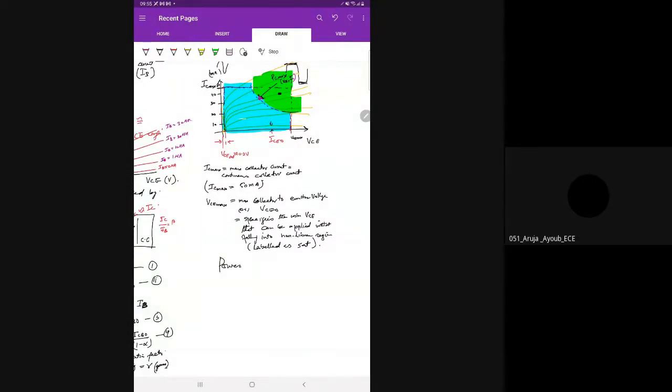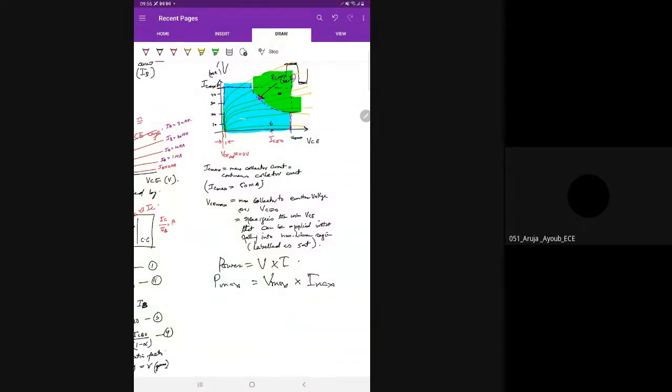रिमेंबर दैट पावर इट इज इक्वल टू V into I. So P max will be equal to V max into I max. So we are trying to analyze what is the maximum current that can flow through the BJT and maximum voltage that can be applied to it, so that some maximum power can be dissipated. हर किसी BJT का अपना अपना एक डेटा शीट होता है, according to which we operate it.